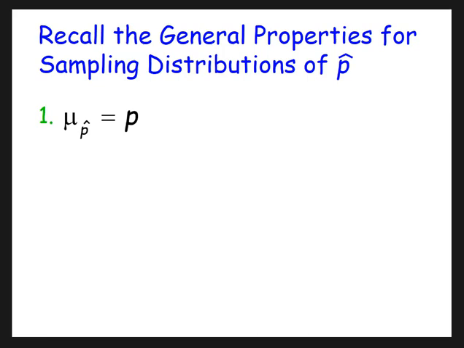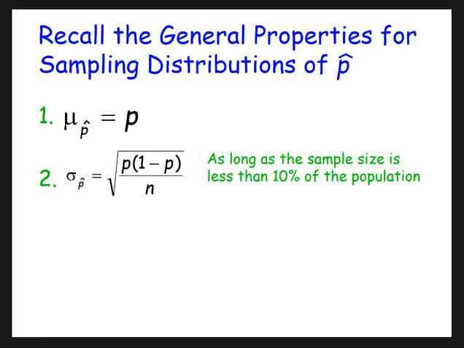So let's recall the general properties for the sampling distribution of p hat. Remember, the mean of p hat, so the mean of all the sample proportions, should be equal to the population proportion. Second, the standard deviation of p hat will equal the square root of the population proportion times 1 minus the population proportion, divided by n.